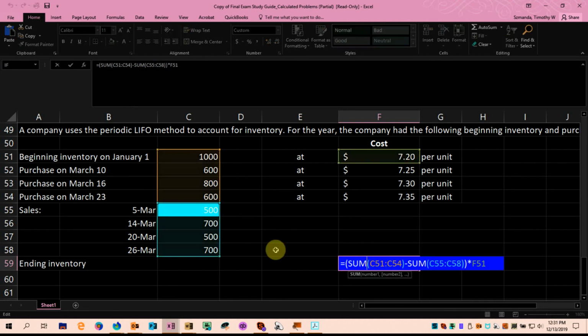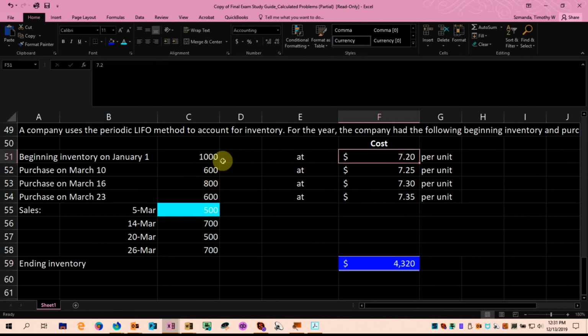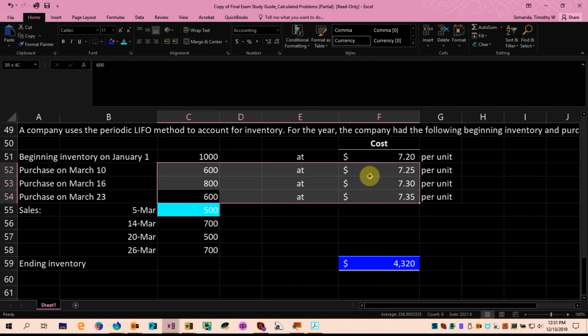And so what I did to get my answer for the ending inventory under the periodic LIFO approach is I took all of my purchases and the beginning inventory in units. I deducted all of the units I sold. And once I took all the units I had available, less all the units I sold, I multiplied that then by $7.20 because under last in, first out, I'm going to record all of these first.